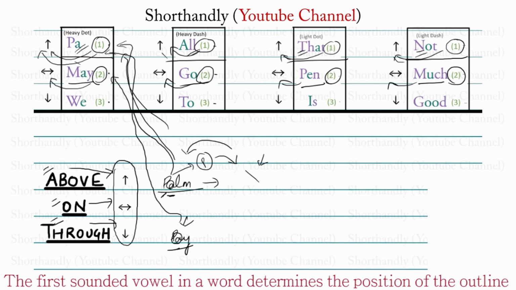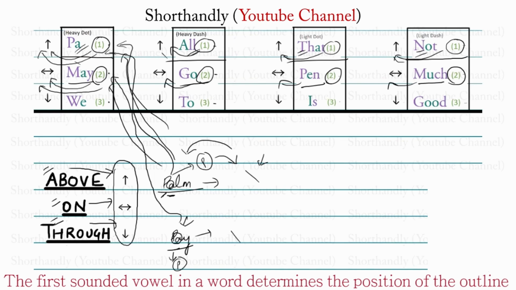So we have this word "pay", the first vowel sound is A, a second place vowel, as you can see here, and we also have this on the line symbol. The first outline is our P here, because if you pronounce this word, it goes like "pay". So the first outline P will be made on the line like this.